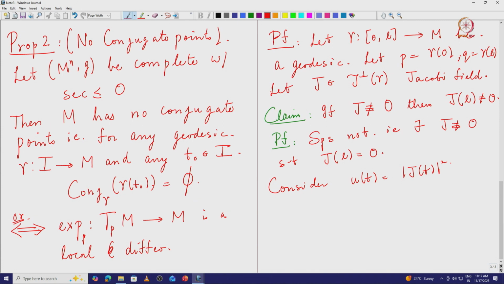Okay, so let us compute some derivatives. So U is basically the inner product of J comma J. So what will be U prime? There will be 2 times the inner product of J prime comma J, and U double prime will be 2 times the inner product of J double prime, J plus 2 times norm J prime squared, okay, just by using the product rule.